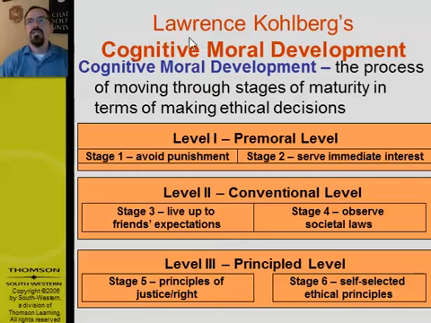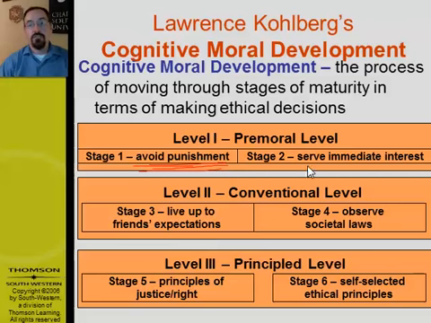Okay. Finally, we get to Lawrence Kohlberg's cognitive moral development, and this is taught in a lot of textbooks. It's taught in many ethics classes, but it's also inadequate. He does something right in a sense, where he's looking at the different levels that you work through. As a little baby, when I talk to my 2-year-old about, hey, don't take that candy, what's the baby trying to do? She's trying to avoid punishment, right?